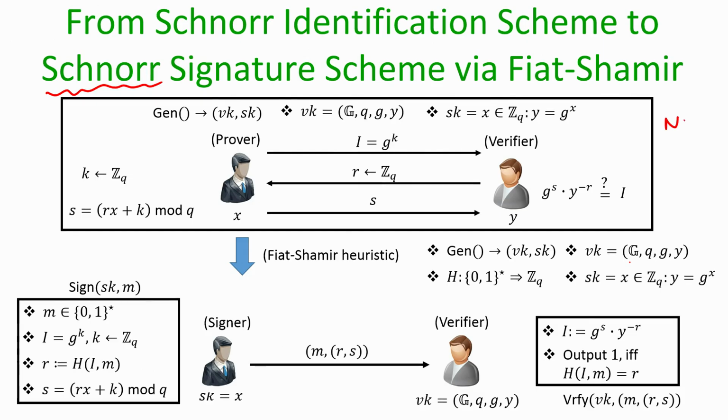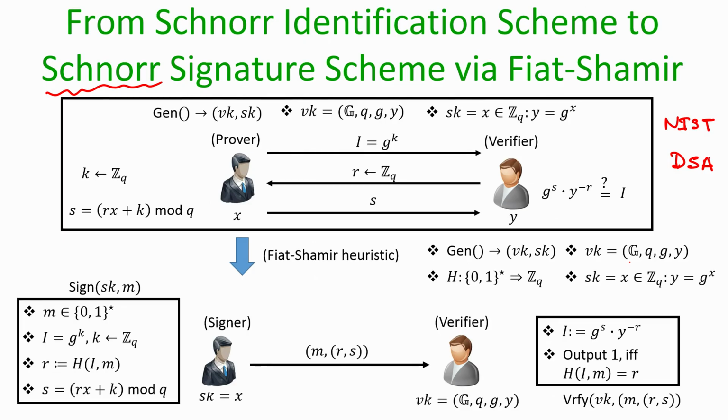So, what NIST did is it developed a variation of Schnorr identification scheme, and by applying the Fiat-Shamir transformation on that variant, it obtained a signature scheme based on the discrete log assumption which we call DSA, digital signature algorithm.